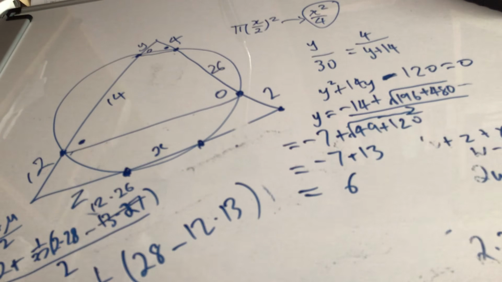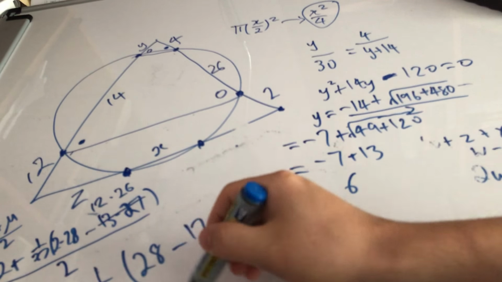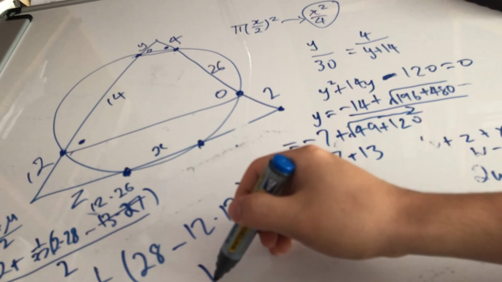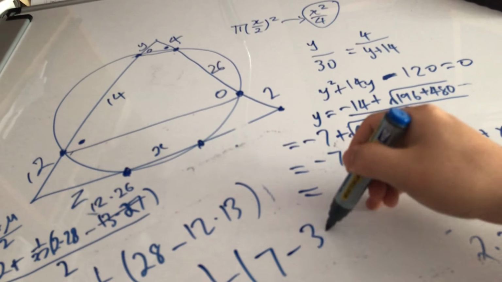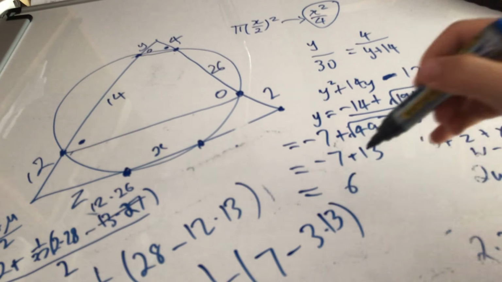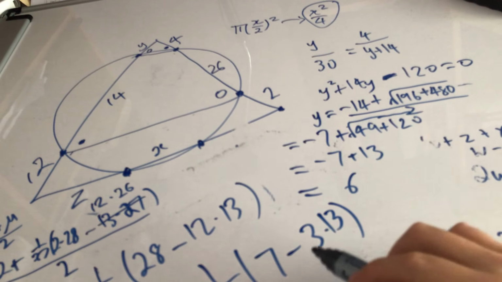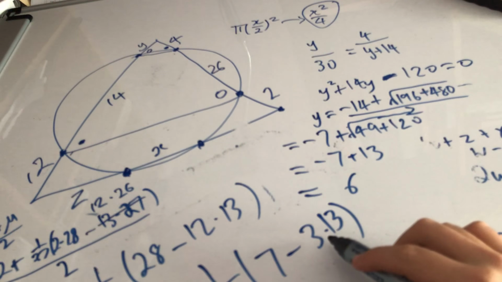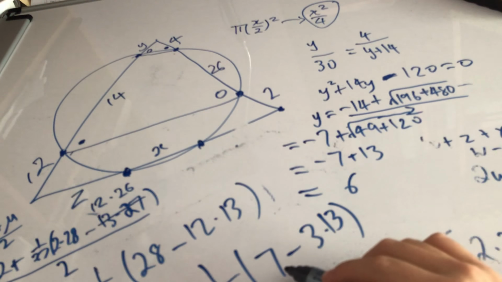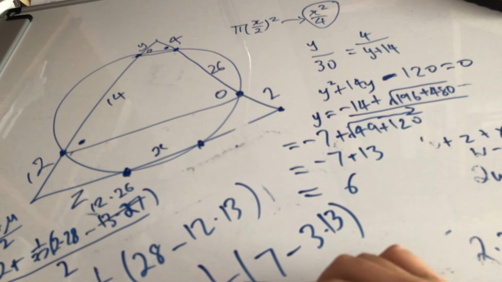Well, it's definitely divisible by 4 now, so we can simplify ourselves a little bit. 1 over 8 times 7 minus 3 times 13. And 3 times 13 is 39. So this is minus 7. This is minus 32, which is divisible by 8. Great.